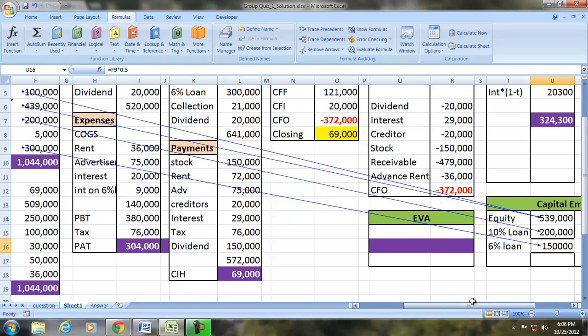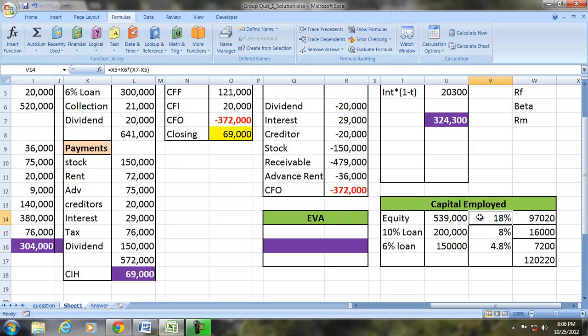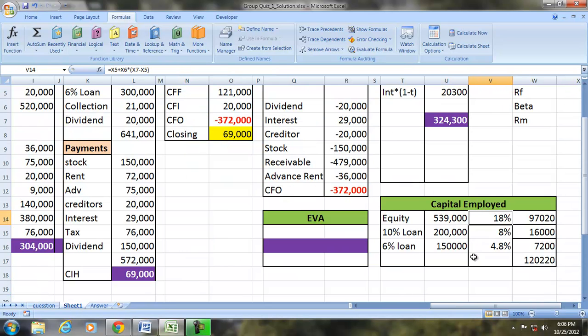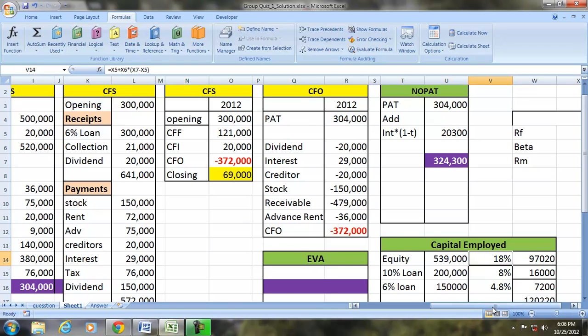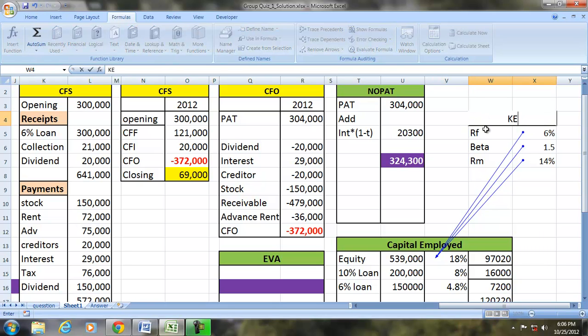The corresponding costs of these sources are calculated next. The cost of equity can be calculated because the information about RF, beta and RM is given, using the CAPM model: KE is equal to RF plus beta into RM minus RF.